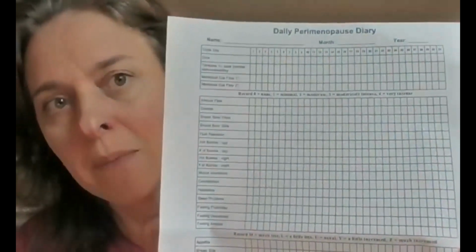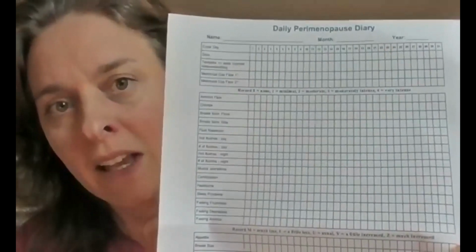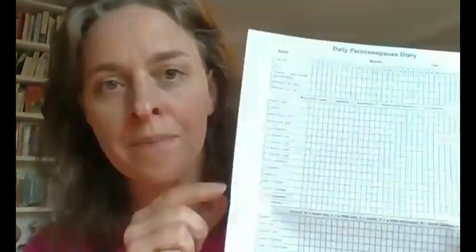And most recently, I've been using this one, the Daily Perimenopause Diary. And I'll show you in a moment where you can find that, and also their version for the menstrual cycle if you're not that far along. So if you're more interested in just ticking the boxes to note symptoms, rather than writing words around emotions and things, this might be for you.